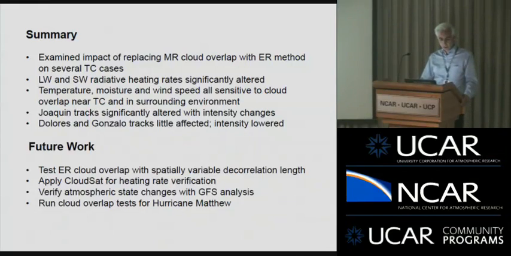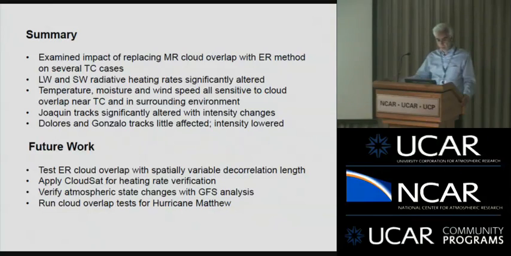So for future work, I'd like to test this alternate ER cloud overlap method with the spatially variable decorrelation length. Since we know we're altering the environment around the cyclone, it might be more appropriate to use this other method. I'd also like to take a shot at using some of the CloudSat heating rate products for verification of the heating rates we're calculating, at least for storms where their product is available.